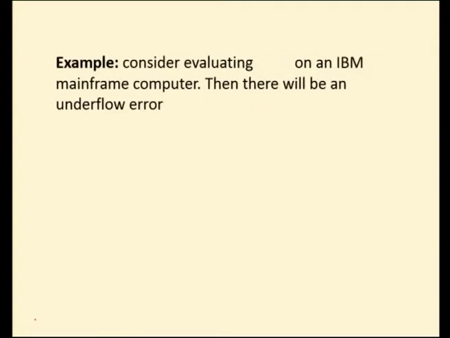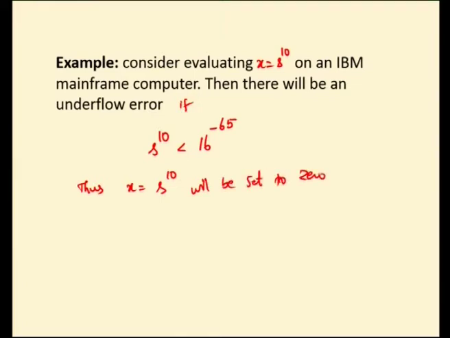Consider this example. Consider evaluating x is equal to s to the power 10 on an IBM mainframe computer. There will be an underflow error if s to the power 10 is less than 16 to the power minus 65. Mainframe computer uses 16 digits, 16 bits, therefore 16 to the power minus 65. Thus, x is equal to s to the power 10 will be set to 0 if mod s is less than 1.49 into 10 to the power minus 8.